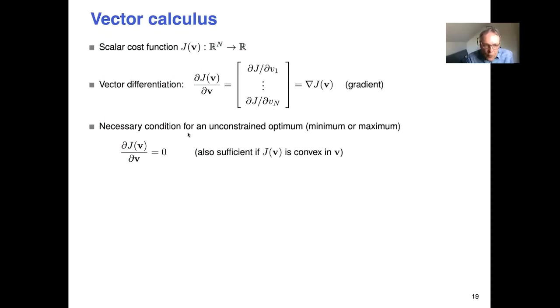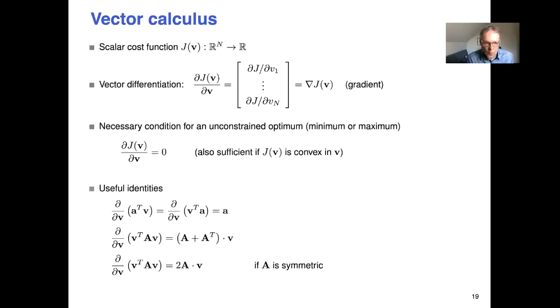Now, if you are in an unconstrained optimization problem, you know that the optimum is achieved, a necessary condition is that the gradient of the cost function be 0. That's just the very basic stuff in optimization. Here are a few useful identities.